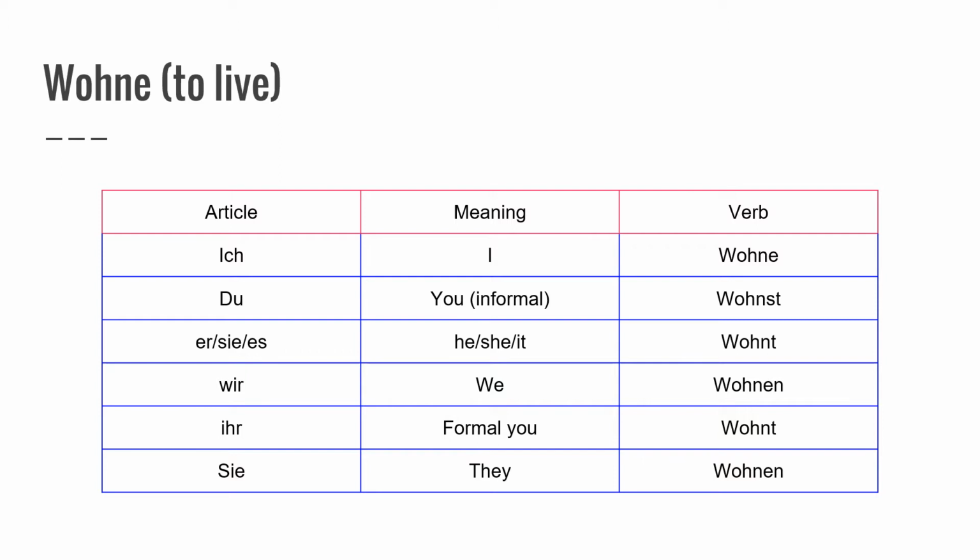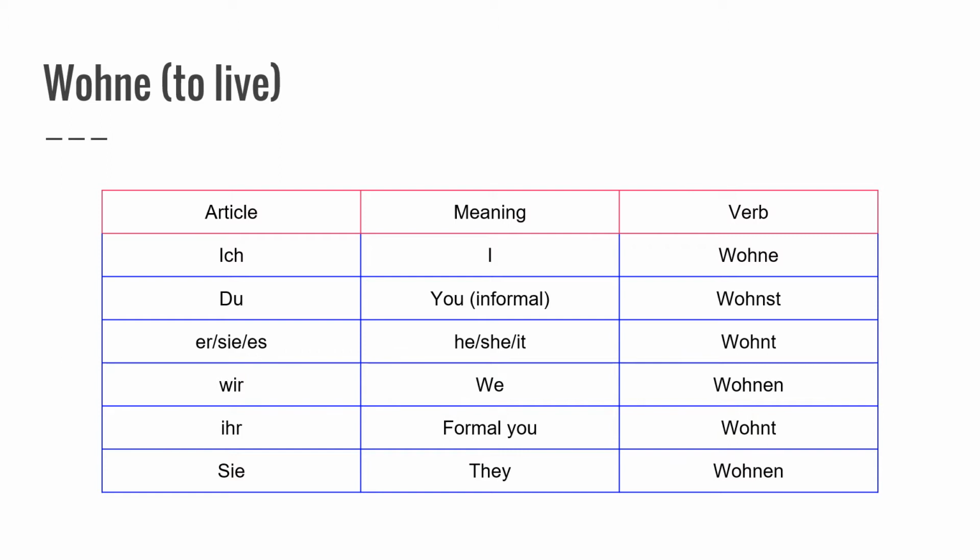Du, which is informal you, can be used with your friends, your family, or people you know very well. You can only use du with those. Er, sie, es is he, she, it respectively. We will use wohnt for all of the three.